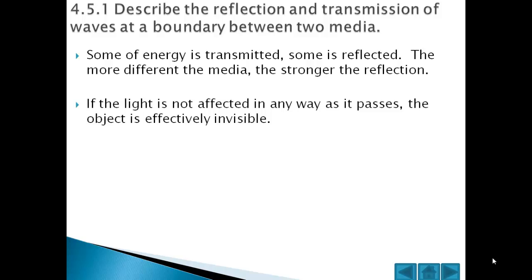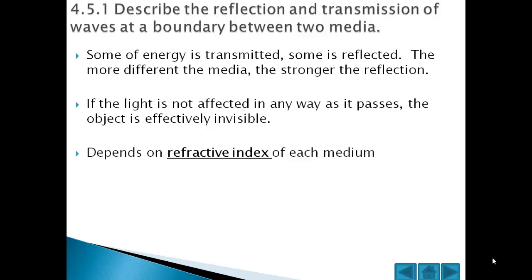If the light is not affected in any way as it passes, then effectively the object is invisible because the light does not deviate from its path, and we'll see an example of that. It basically depends on how the path of the light changes due to its change of velocity. In other words, it depends on the refractive index of each medium.